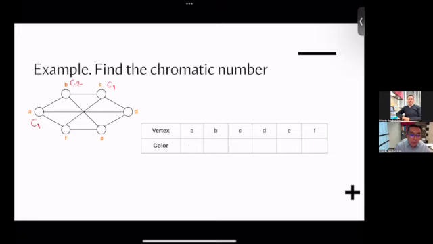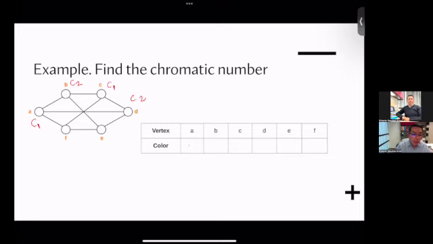Then I try C2, and I notice that C2 is possible because the only other node that used that color is B, and B is not connected with D. So C2. And this process is going to repeat for all the vertices.